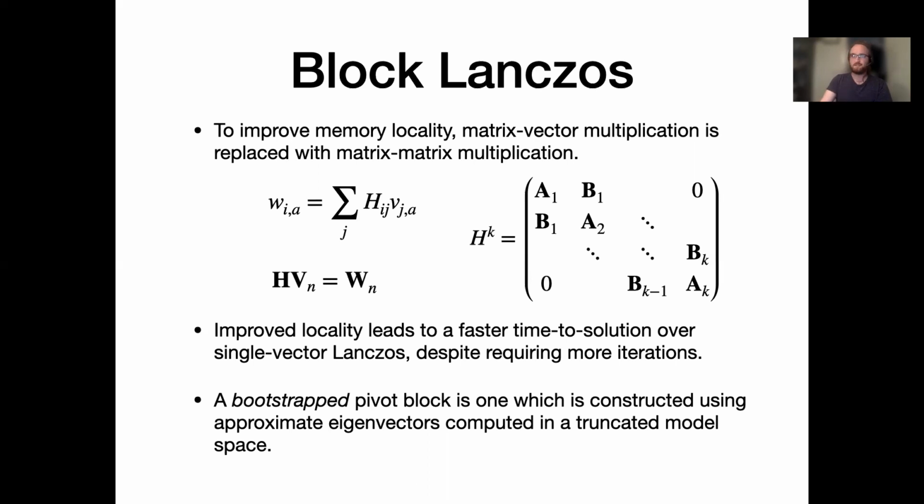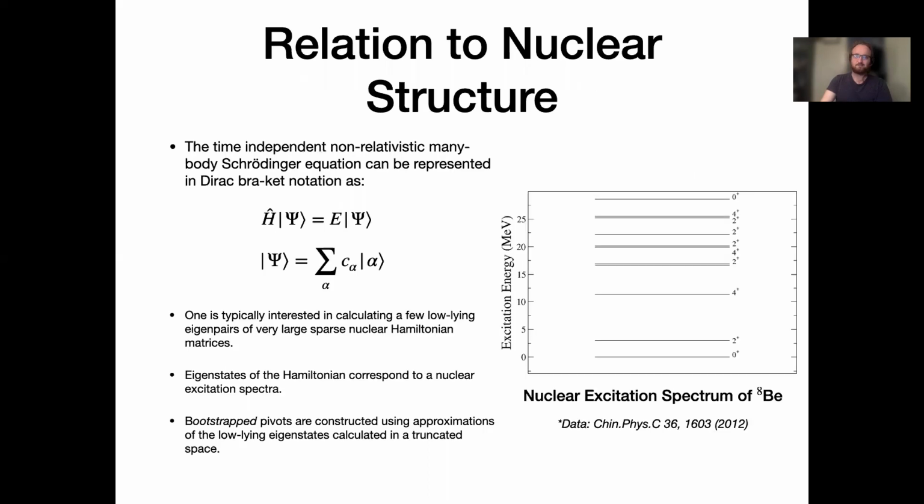Before I talk about my results, though, I want to talk about nuclear structure a little bit more. Our research focuses on solving the time-independent many-body Schrödinger equation, which is often cast as a large matrix eigenvalue problem. We're interested in recovering a small set of low-lying eigenstates specific to different nuclear Hamiltonians.